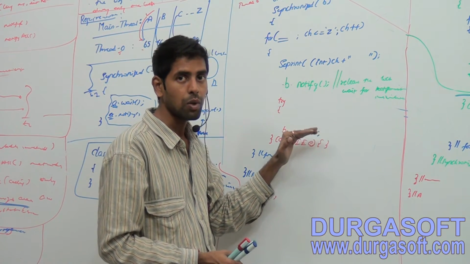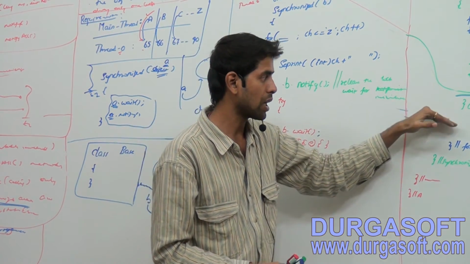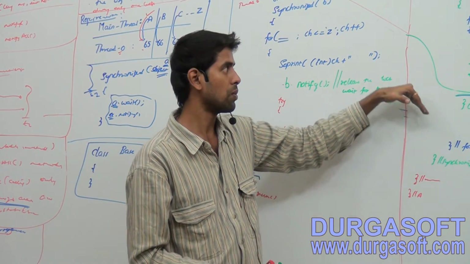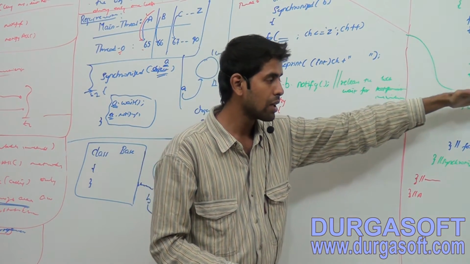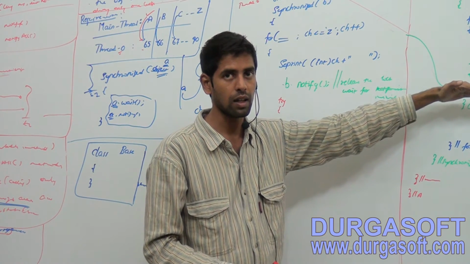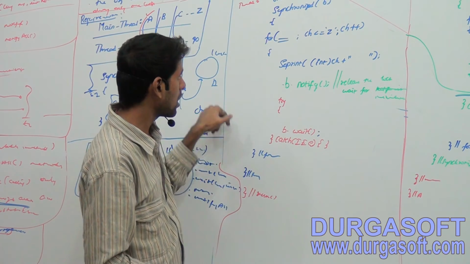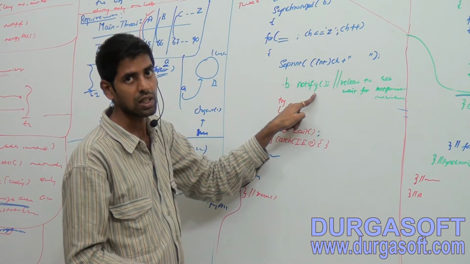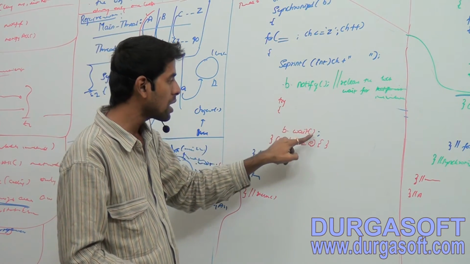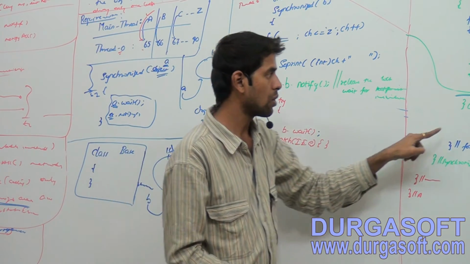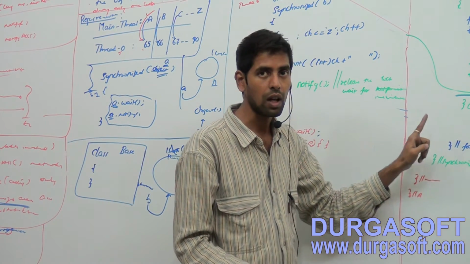Now it will be in hold state, the control will come here, it will perform some notification, print that one, and later release the lock here. Observe my flow, very important. Now the control will come here, execute this, perform notification, and later release the lock. Now the control will start from here onwards.